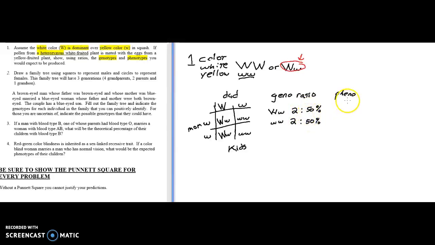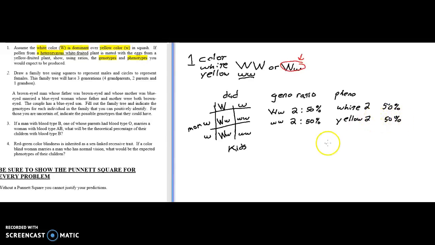Now, phenotypically, what color will they appear? What can I see? These individuals, I'm going to see white. So I expect 2 white individuals and 2 yellow individuals. I expect a 2 to 2 for the phenotypic ratio, or I could say 50% to 50%.